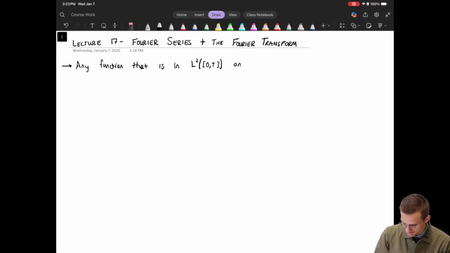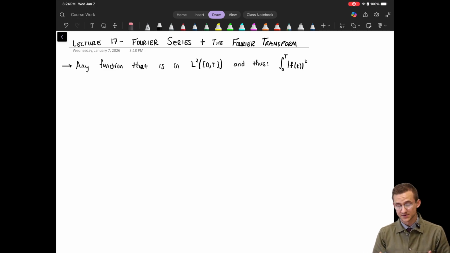But what that means in math actually is the following, which is that the integral from 0 to T of the modulus of f of t squared. So if f of t is a fully real function, it's just the absolute value squared. But if it can be complex valued, it's the modulus squared, dt.